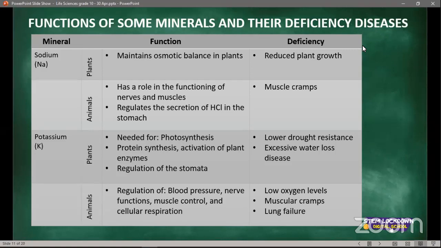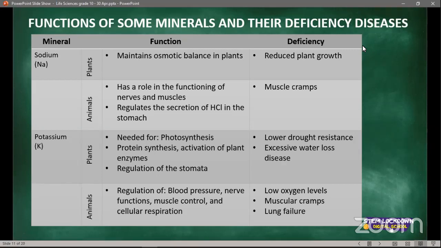HCl is hydrochloric acid. Now the deficiency of sodium in animals is muscle cramps. So if you have a muscle cramp, sometimes it's due to the deficiency in sodium levels in the body, all right?